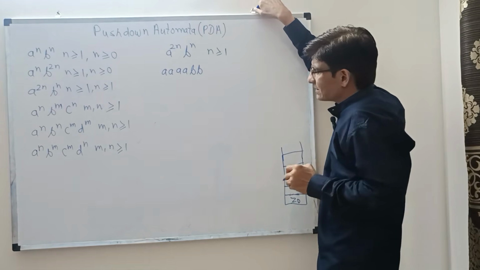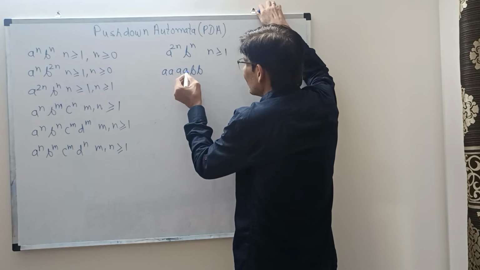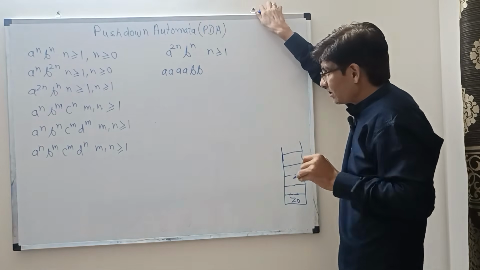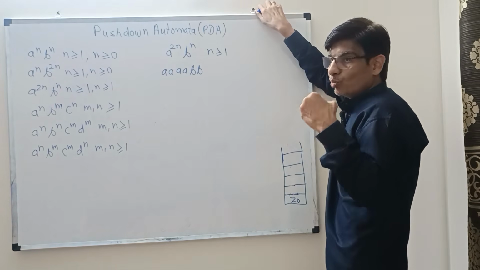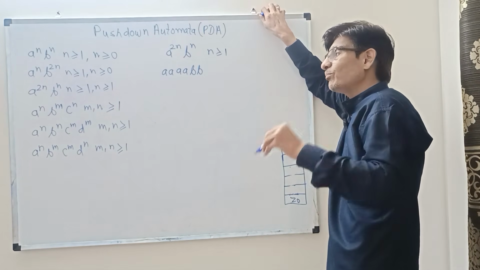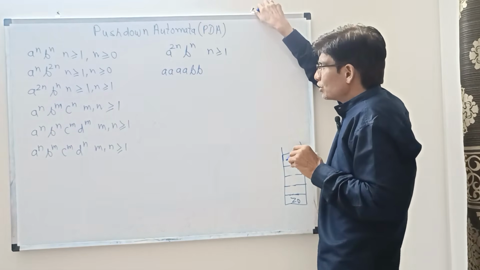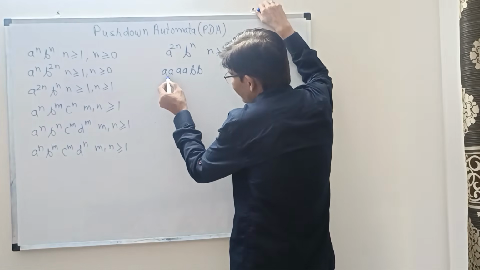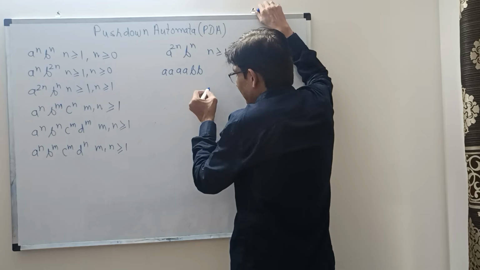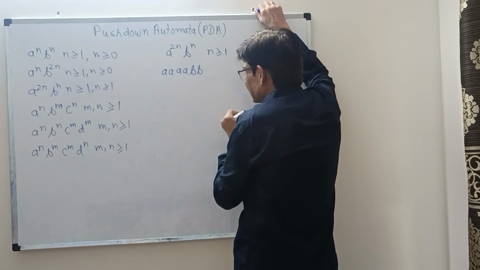Now, as you can see here, the number of A's is double the number of B's. And as in the previous example, we have seen we can push more than one symbol at a time, but we can pop only one element from the stack at a time. So if we push only one symbol X for each A, then 4 A's would be pushed into the stack.